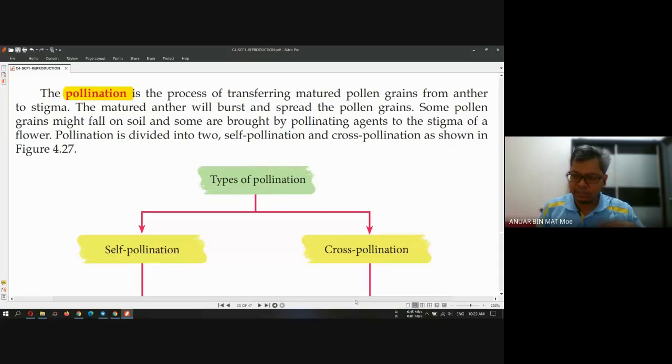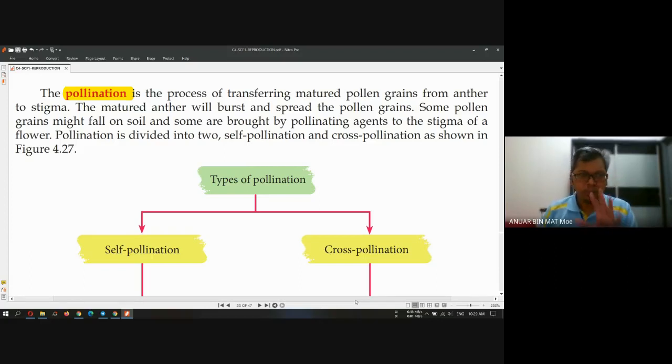For those who answered correctly, very good. We are talking about humans first. After fertilization, it will become the zygote, then embryo, then fetus, and then newborn baby.